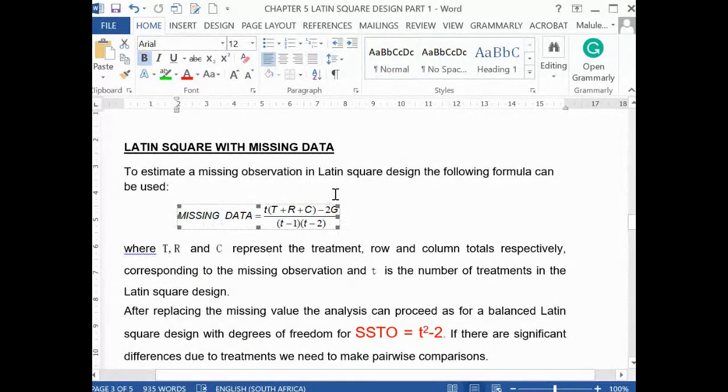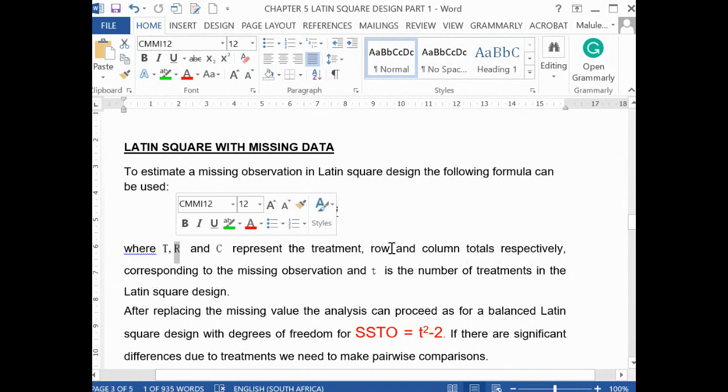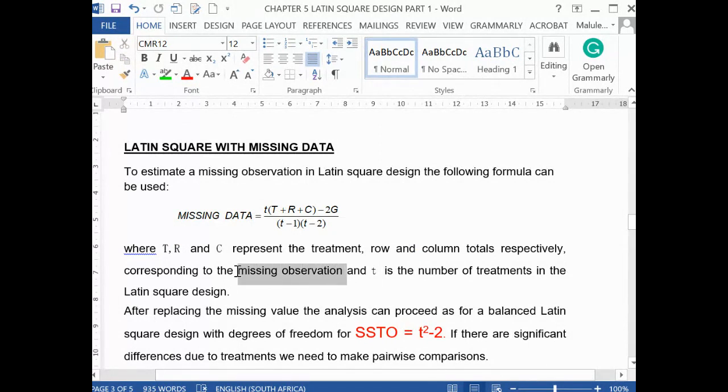I gave you that formula to estimate the missing value, where T represents the treatment totals corresponding to the missing observation, R represents the row totals corresponding to the missing observation, C represents the column totals corresponding to the missing observation, and small t is the number of treatments in a Latin square design.